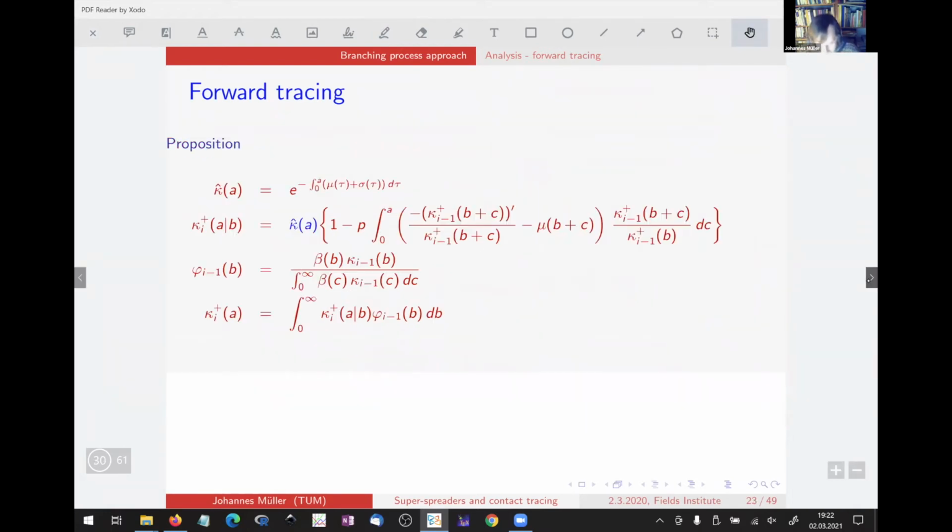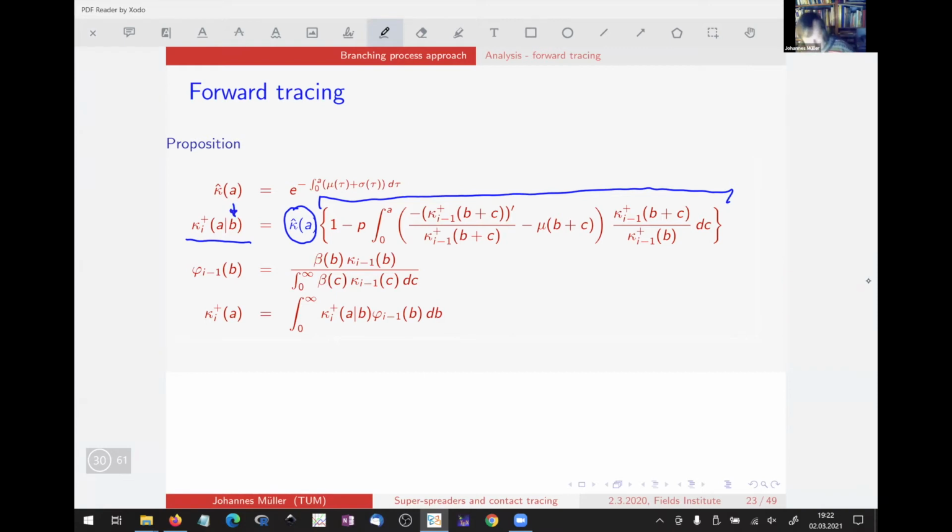So we see that kappa I plus A of B, the survival probability of Heidi given that Maxi infected her at age of infection B, is the probability that she is alive without contact tracing times the probability that Maxi did not successfully trace her in the time interval between 0 and A. Of course, we would like to remove this condition.